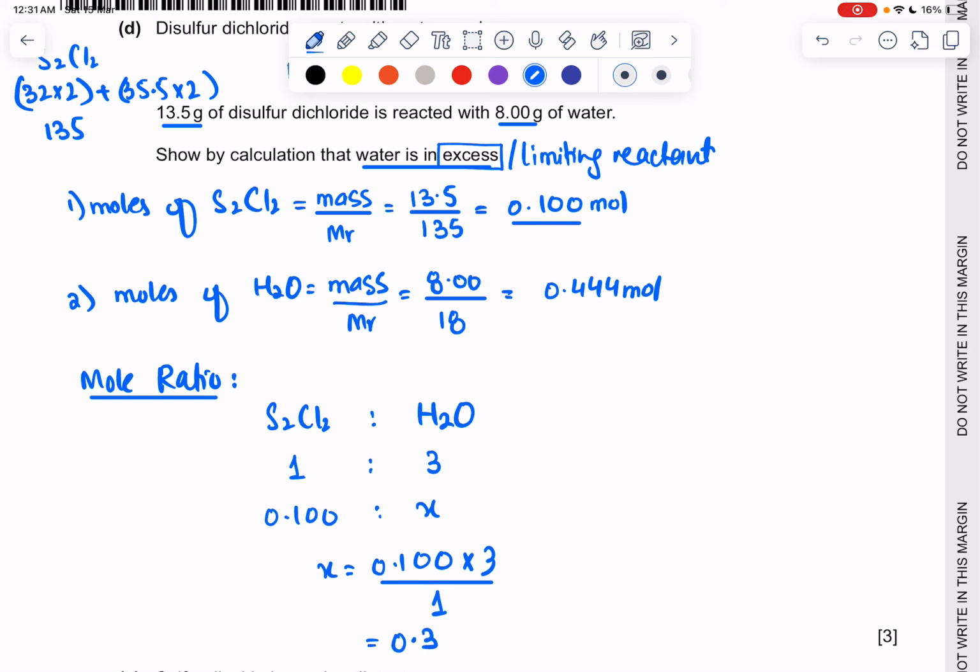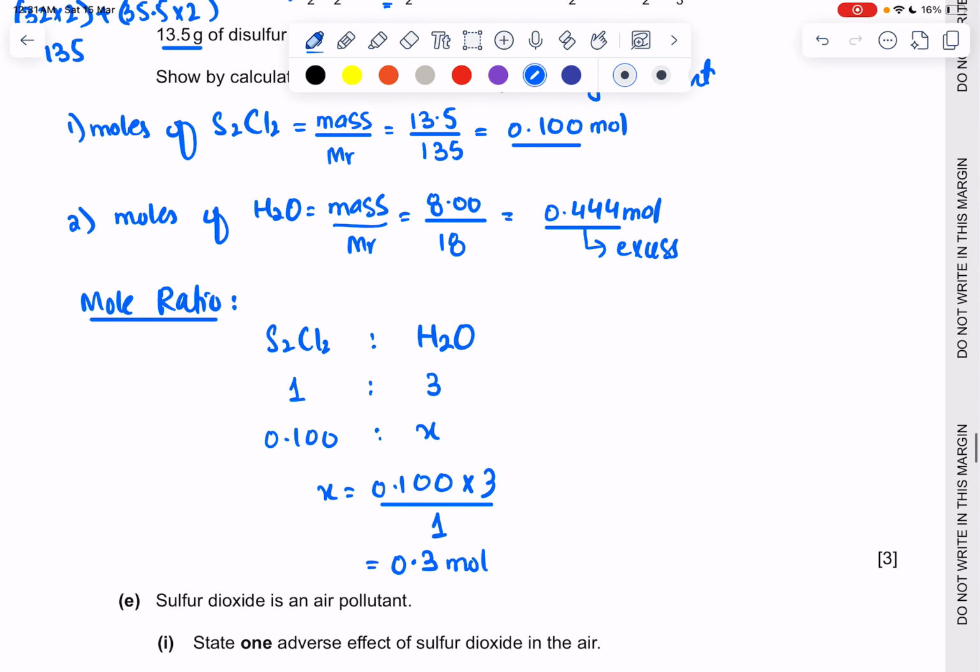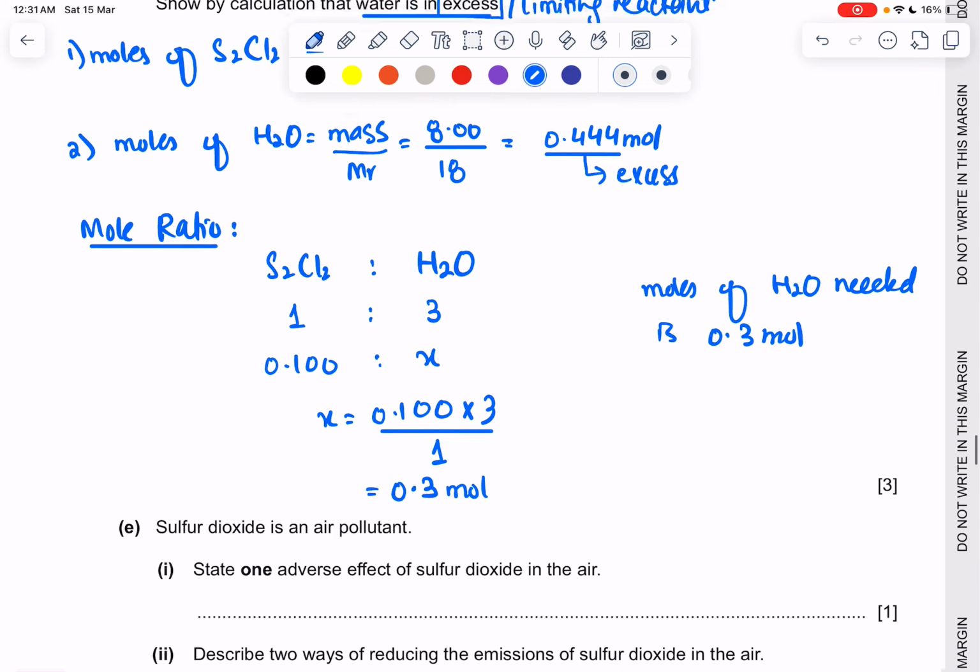So we need 0.3 mole of water, but in reality 0.44 mole of water is used. This is the bigger number, so it is proof that water is in excess. So we can write this statement: moles of water needed is 0.3 mole, and the moles used is 0.44, so water is in excess.